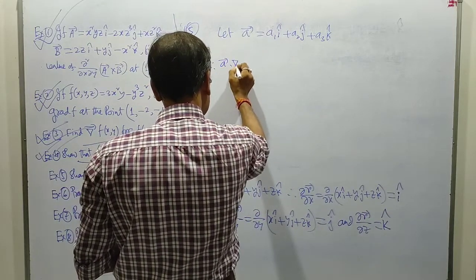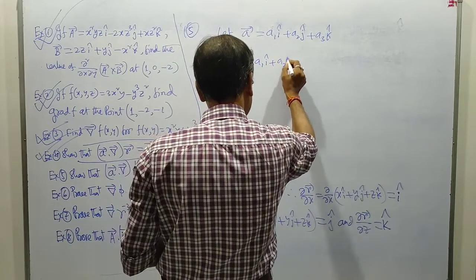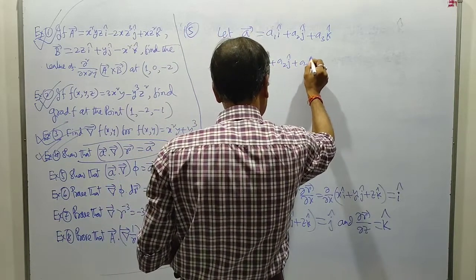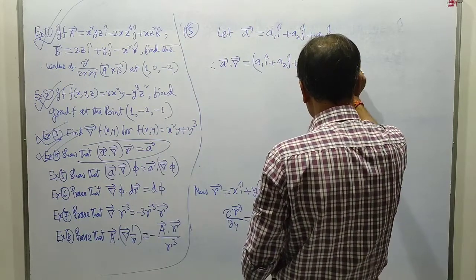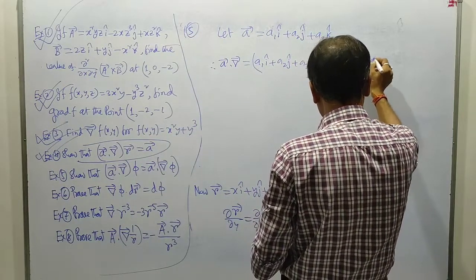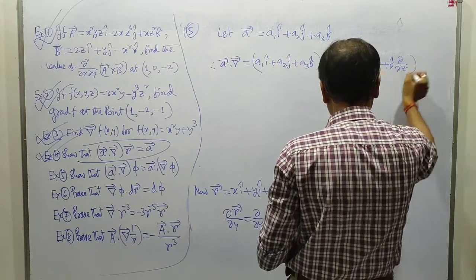Therefore, a vector dot nabla is a1 i cap plus a2 j cap plus a3 k cap dot i cap ∂/∂x, j cap ∂/∂y plus k cap ∂/∂z.